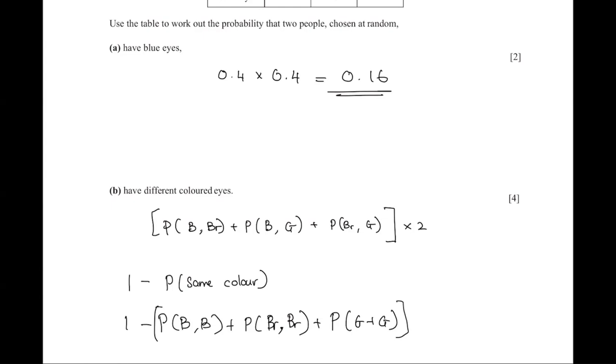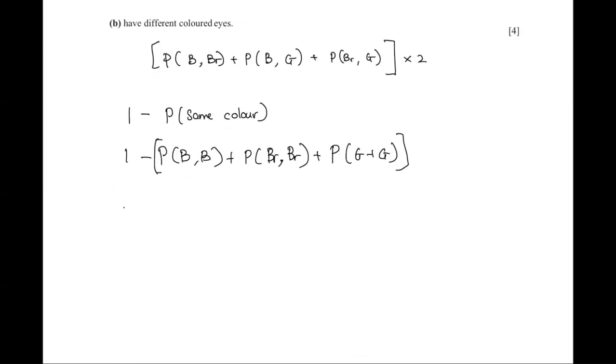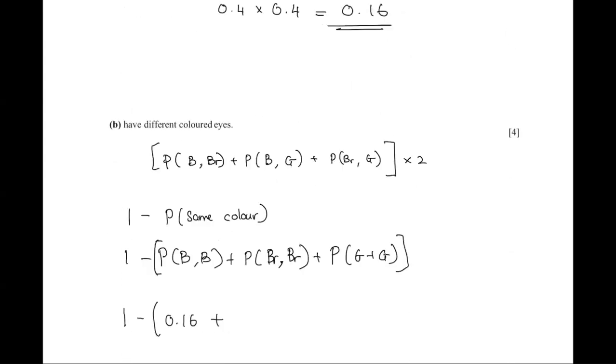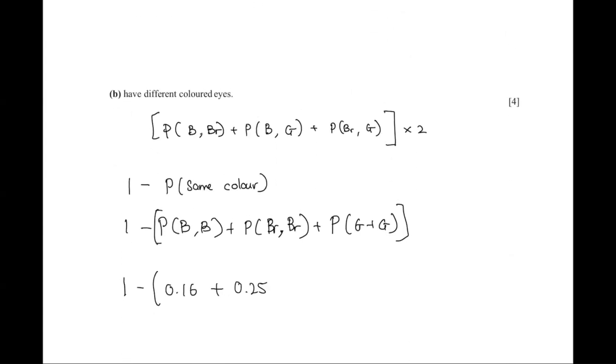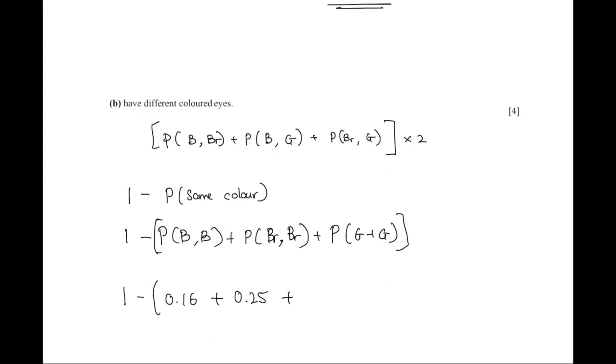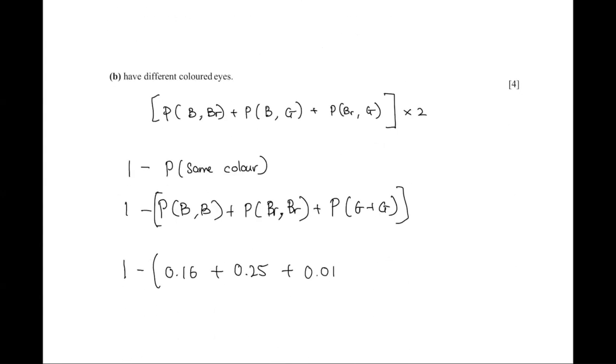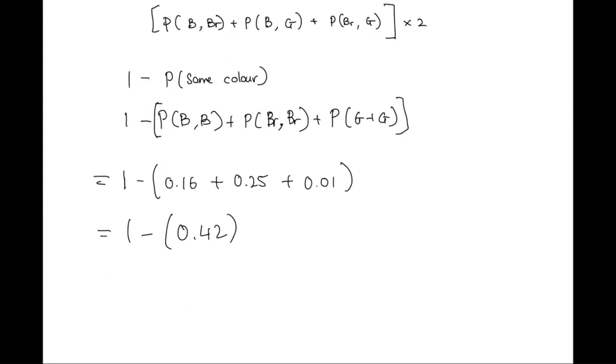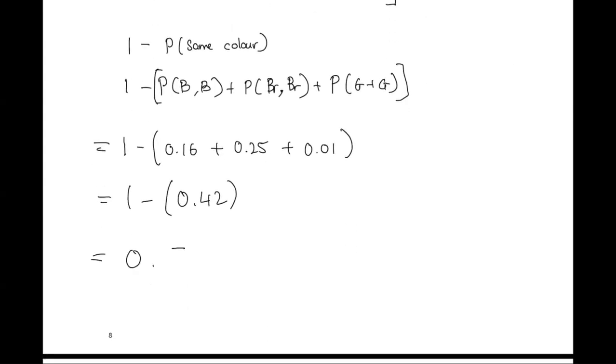So I'm going to do 1 minus probability of blue, blue, which we got already, 0.16, plus probability of brown, brown would be 0.25. Probability of green, green will be 0.01. So that will be equal to 1 minus 0.42, which is 0.58.